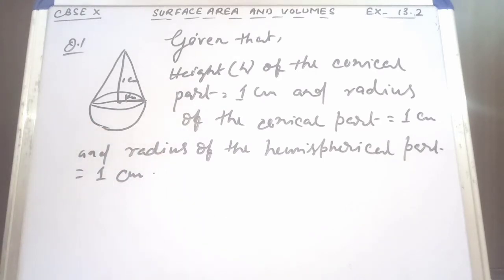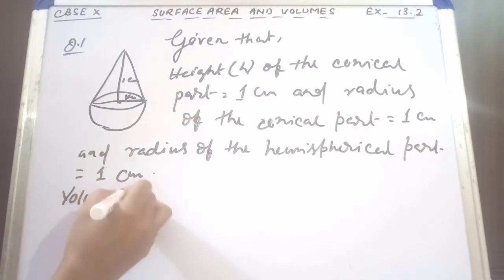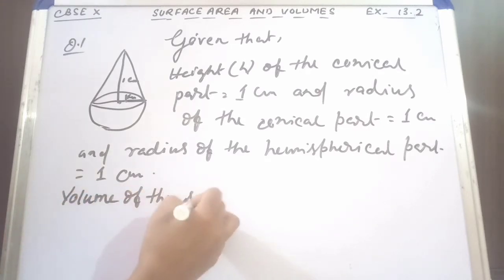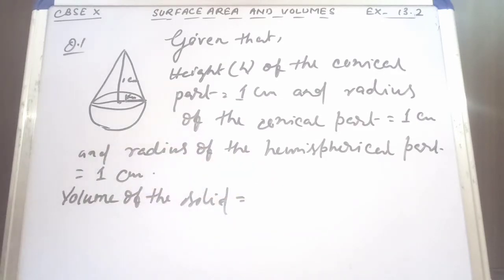Now, volume of the solid. Volume of the solid is equal to volume of this conical part plus volume of this hemispherical part. Very easy question.